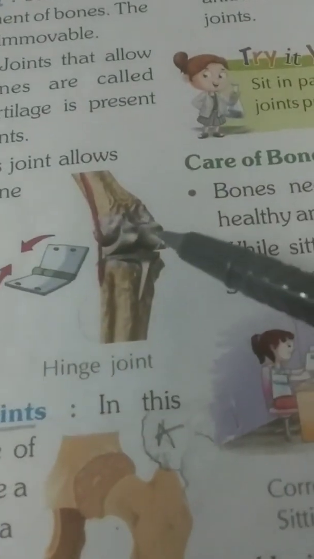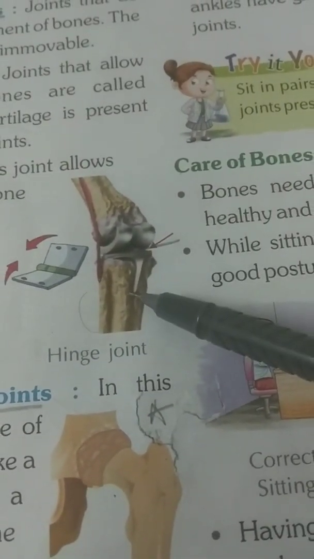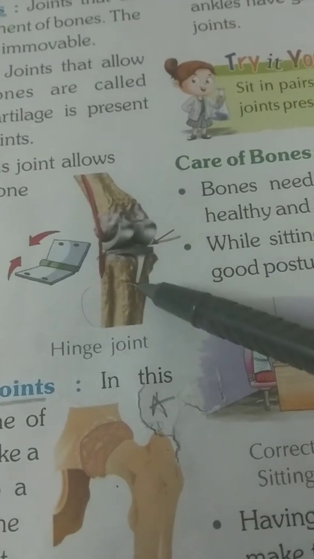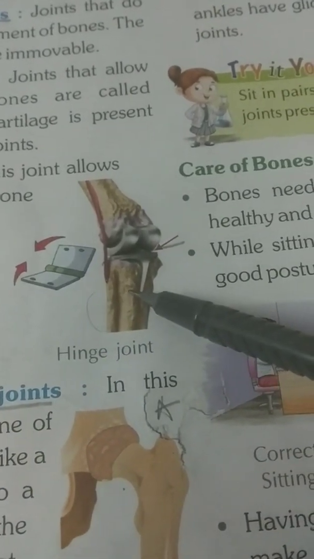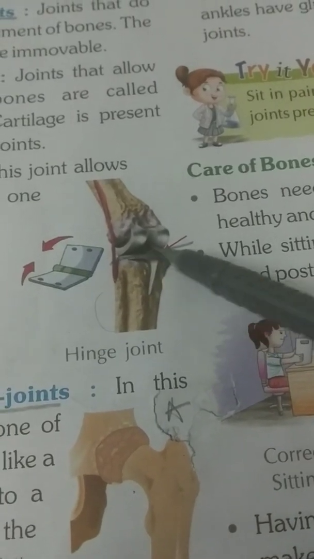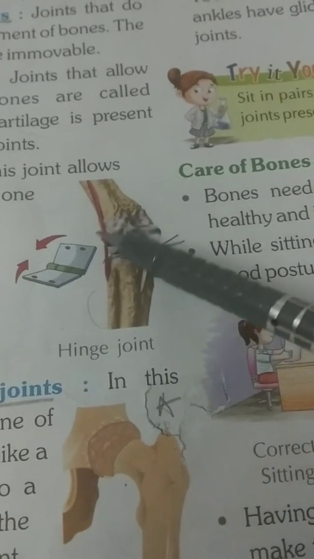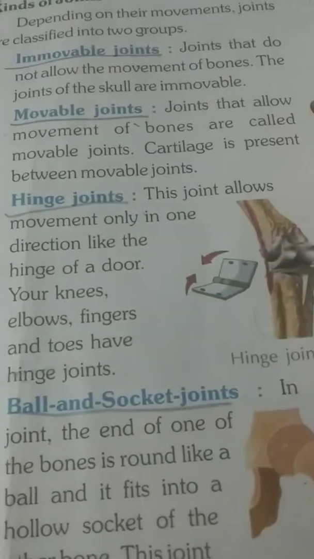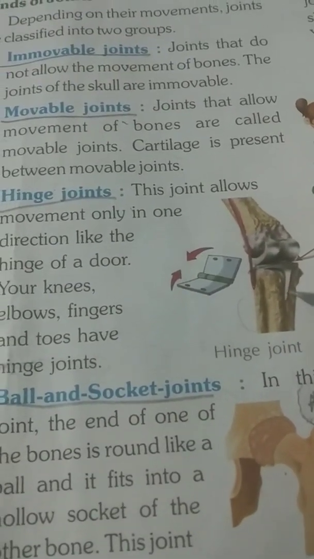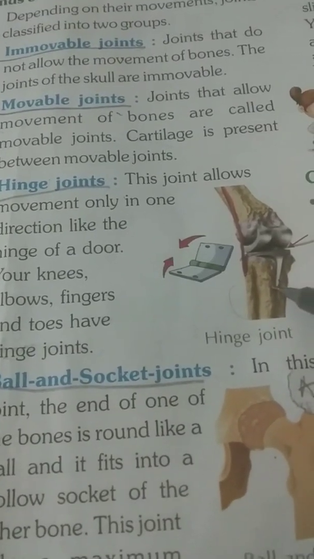Hinge joint. See this diagram. This is the diagram of a hinge joint, where two bones are joined together. This joint allows movement only in one direction.